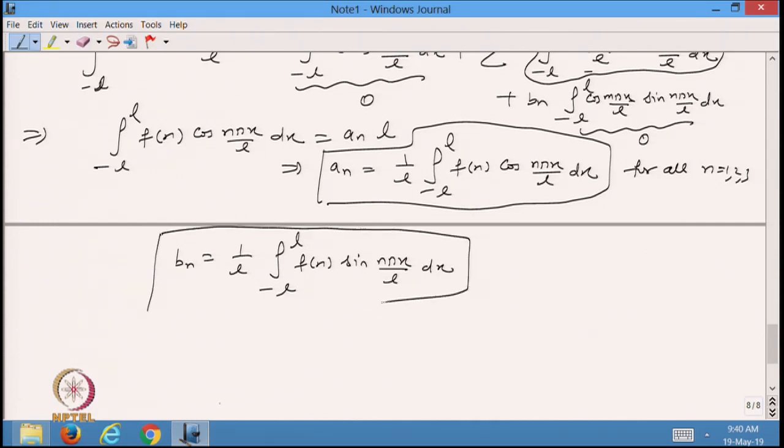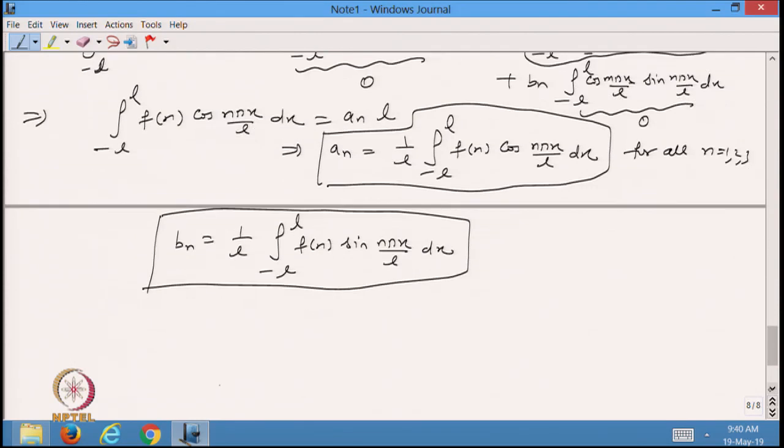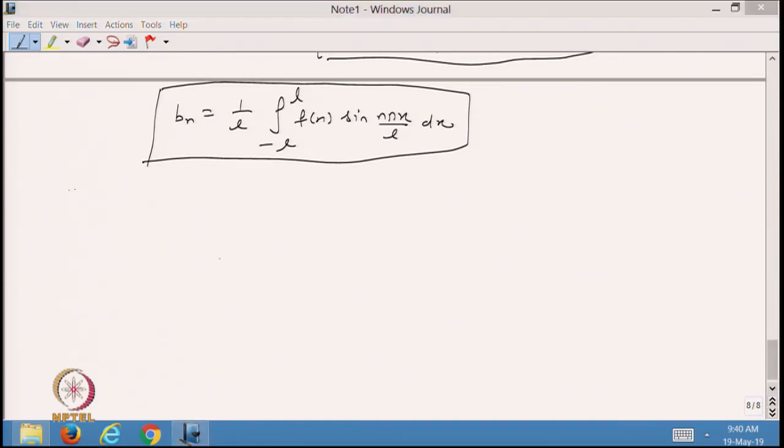So, this is the coefficient I am able to find for the sine function. After doing this, now from here I can say that I have the function f(x), which is a periodic function having the period 2L.